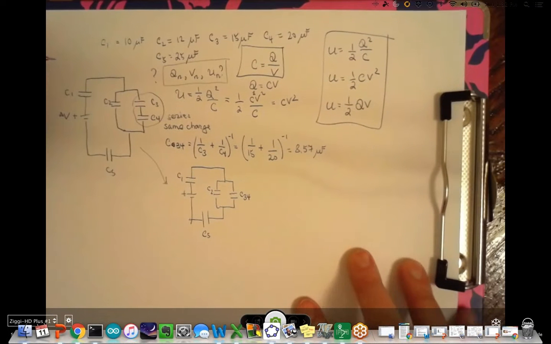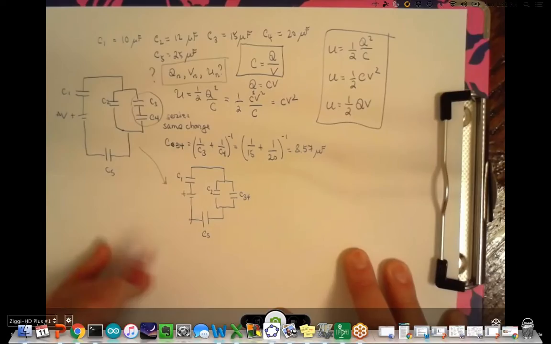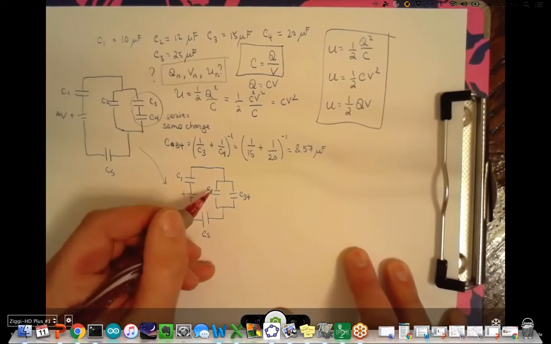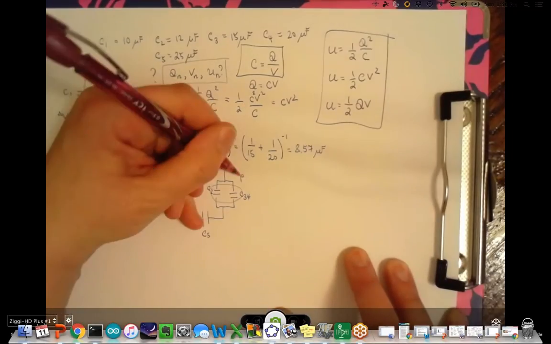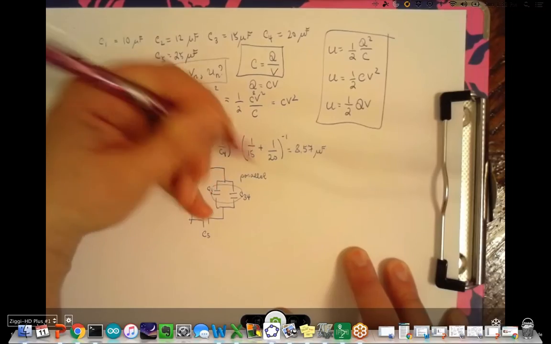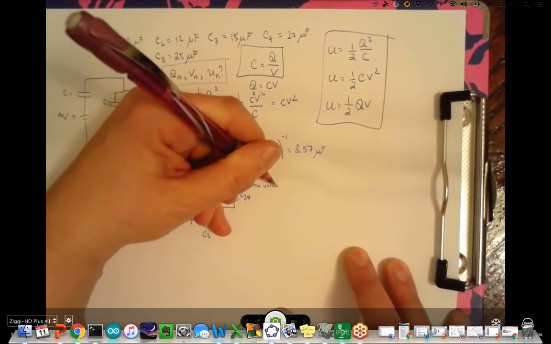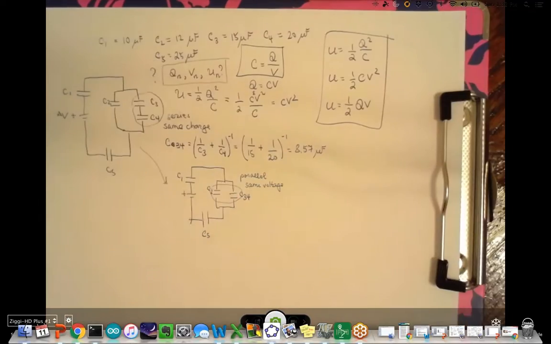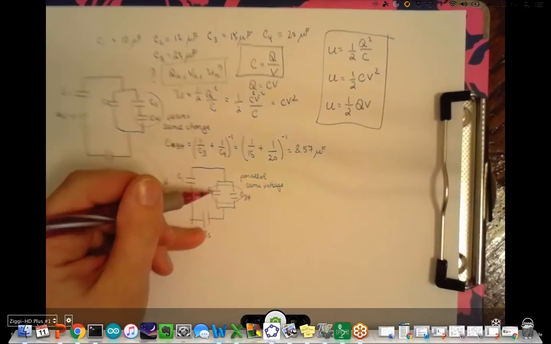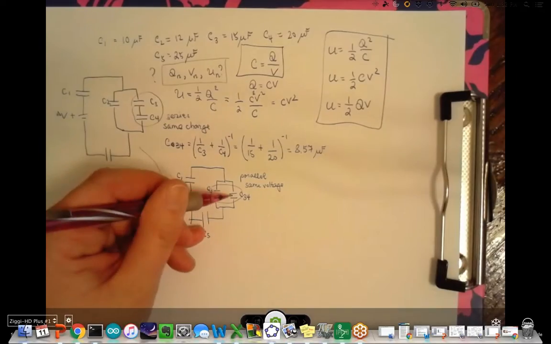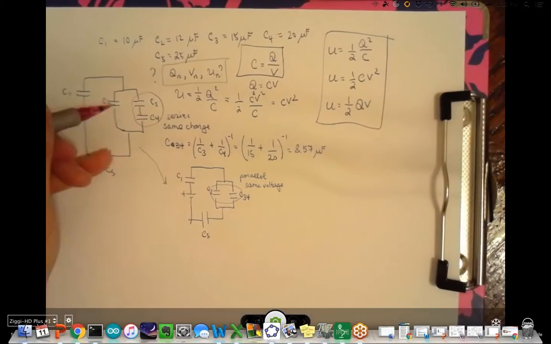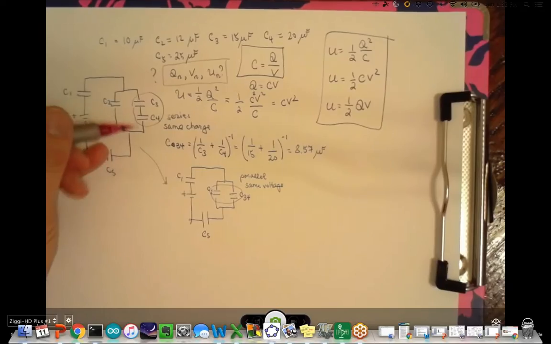All right, so now the simplest connection I can see are these two in parallel, and capacitors in parallel have the same voltage. Don't try to combine things in parallel unless you're down to one capacitor per parallel branch. Don't try to combine these in parallel up here. It's very easy to screw that up.